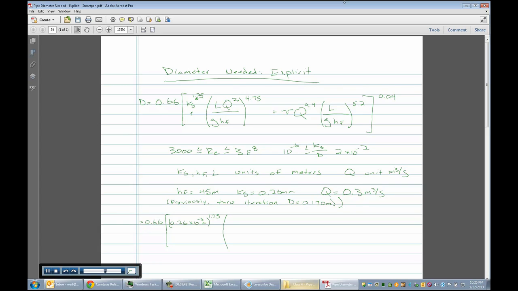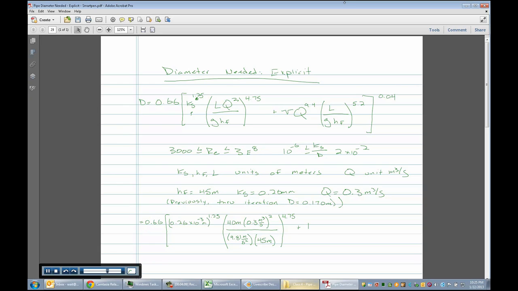Then we're going to have 40 meters as the length times the flow rate of 0.3 cubic meters per second, and the flow rate is squared. g is 9.81 meters per second squared. The h sub f is 45 meters of head loss. All of that to the 4.75 power.